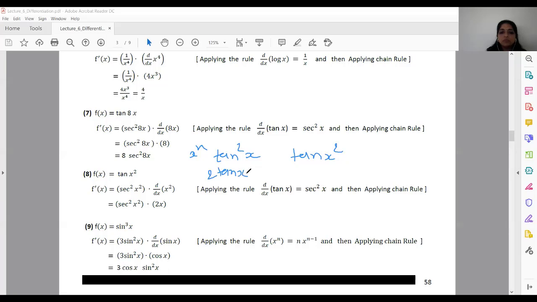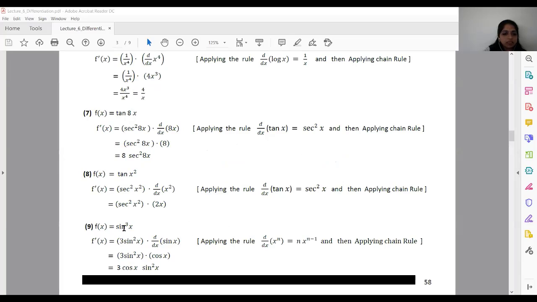Then you have to do the derivative of tan x, that is sec square x. But for tan x square, x square is our theta. So the derivative of tan is sec square theta, that is x square will remain same, and by applying chain rule, d by dx of x square, that is 2x. So our final answer is 2x sec square x square.